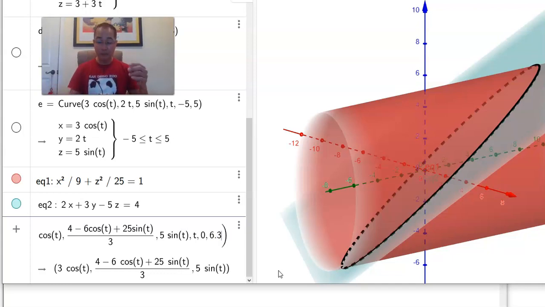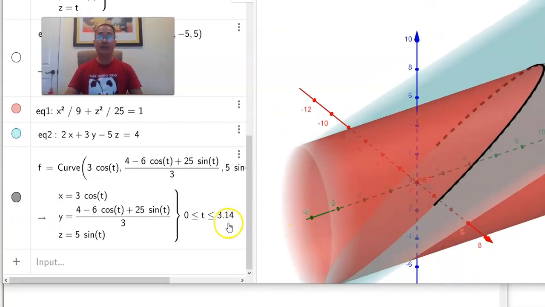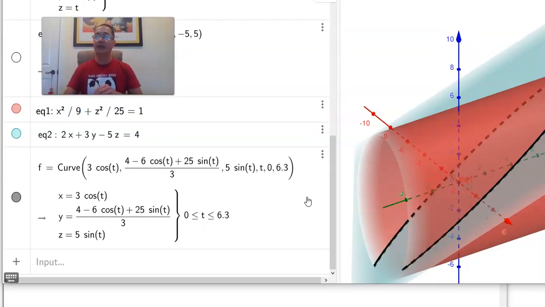As before, if you only want part of it, how about up to 3.14? That's only the upper half of that curve. But no, we want the whole thing, so we will go all the way up to 6.3, 2 pi.